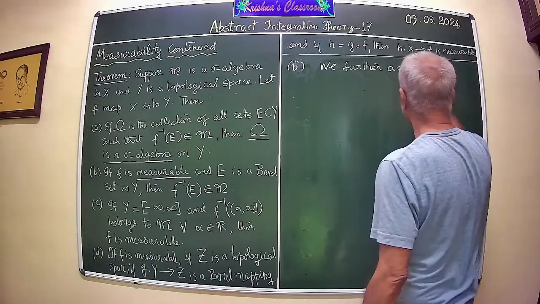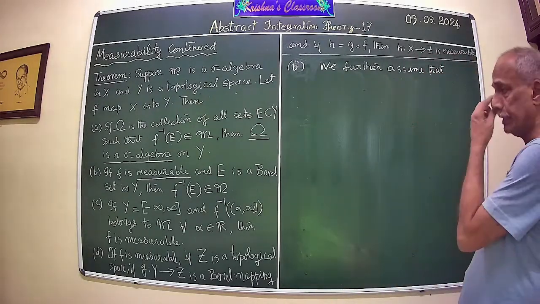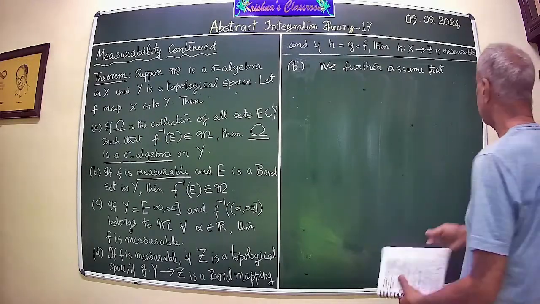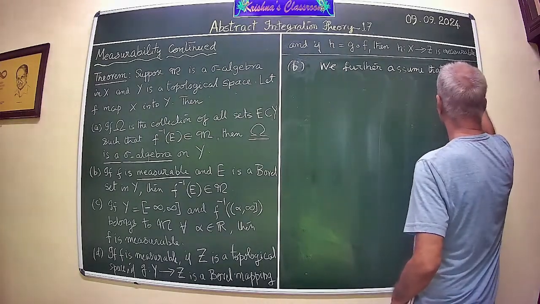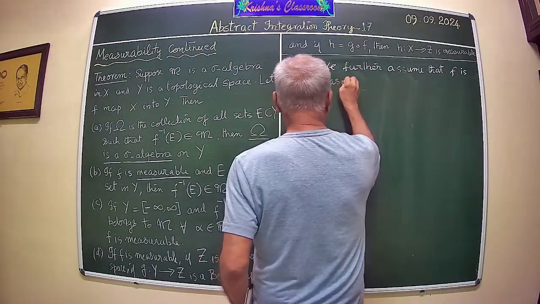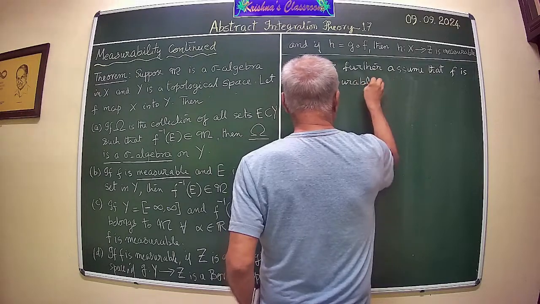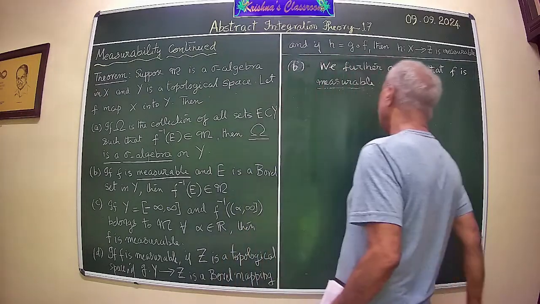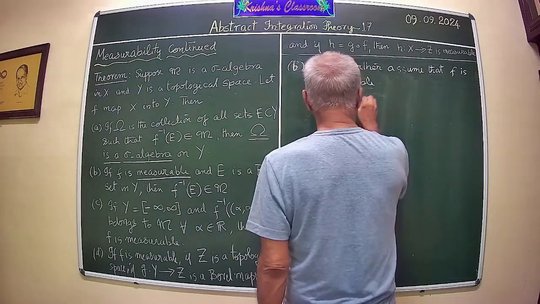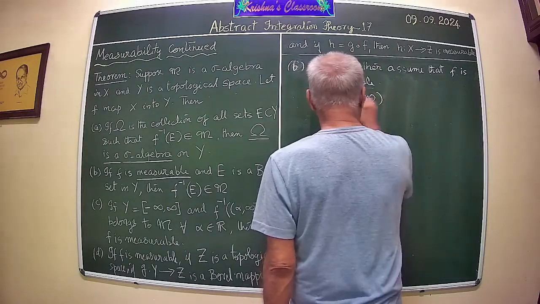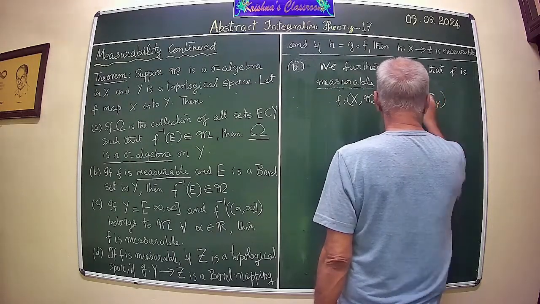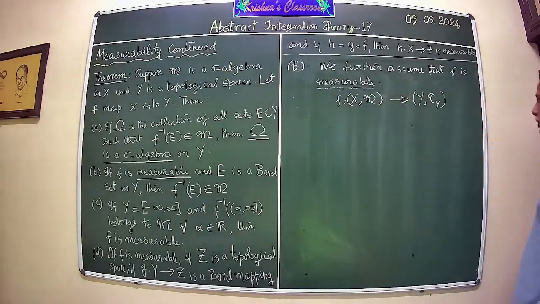Assume that we further assume that F is measurable. What do you mean by that? You see, F is a map from X to the topological space Y, tau.